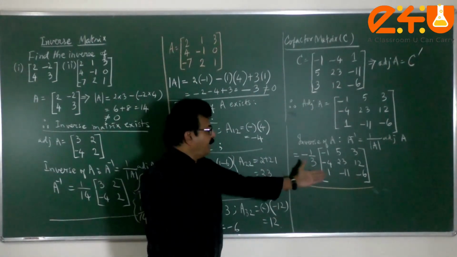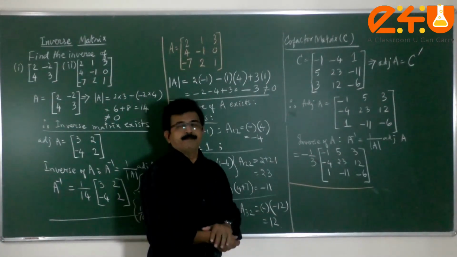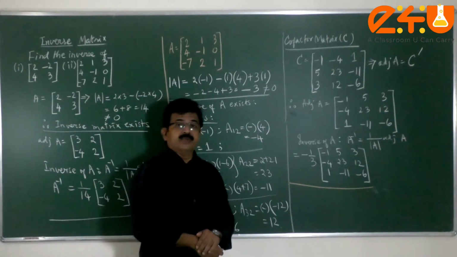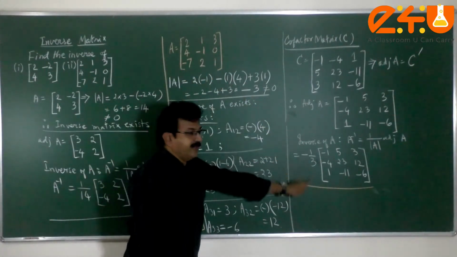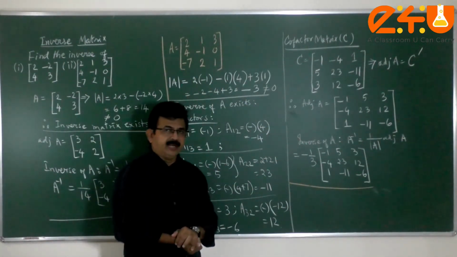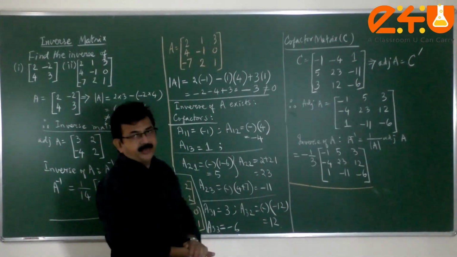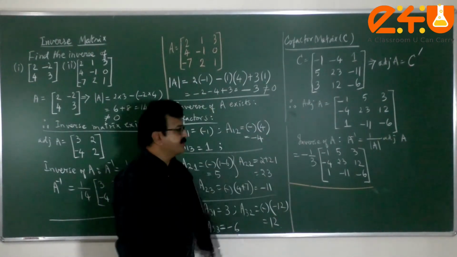Before students leave that as the answer, I always appreciate it if you verify the result, whether matrix A multiplied with inverse gives the identity matrix, in this case I3. Let us multiply. You can multiply in any order, not necessarily A times A inverse.